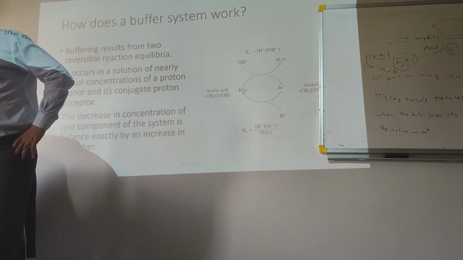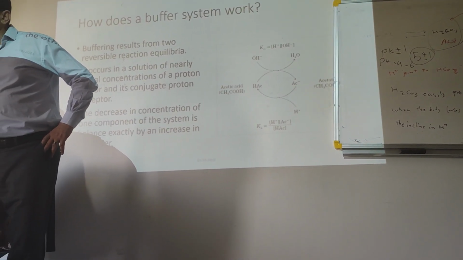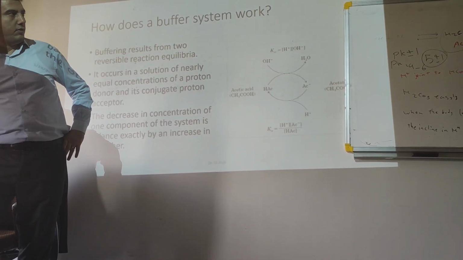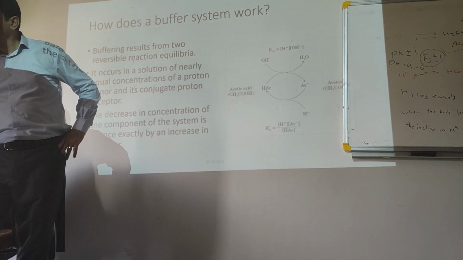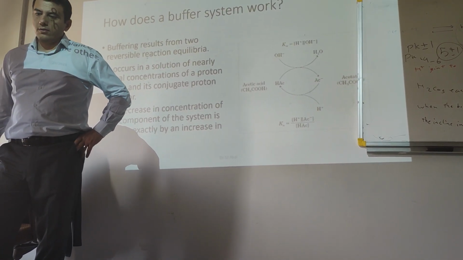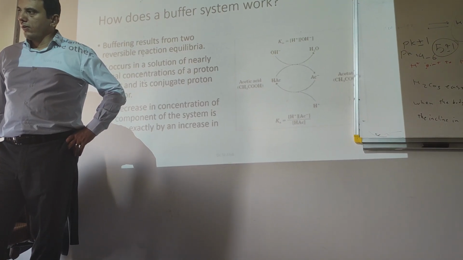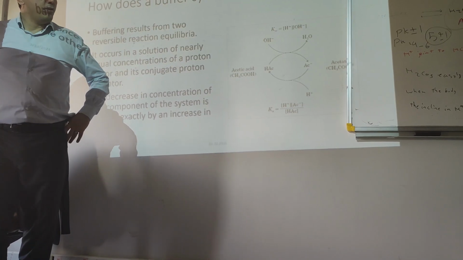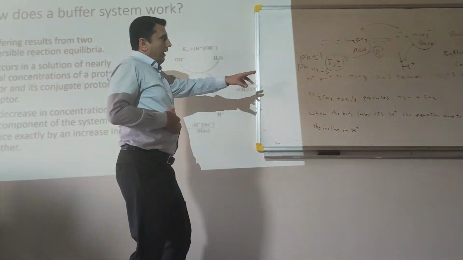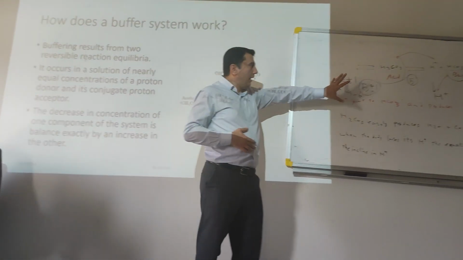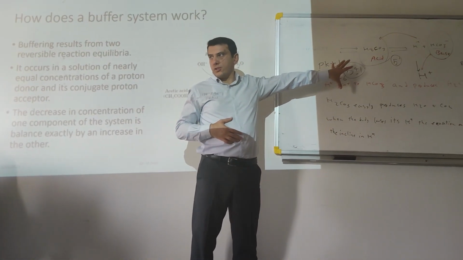The number one is the delta pH in this buffer region. Well, pH2 minus pH1, which is 5.76 minus 4.76. I wrote this equation for you.